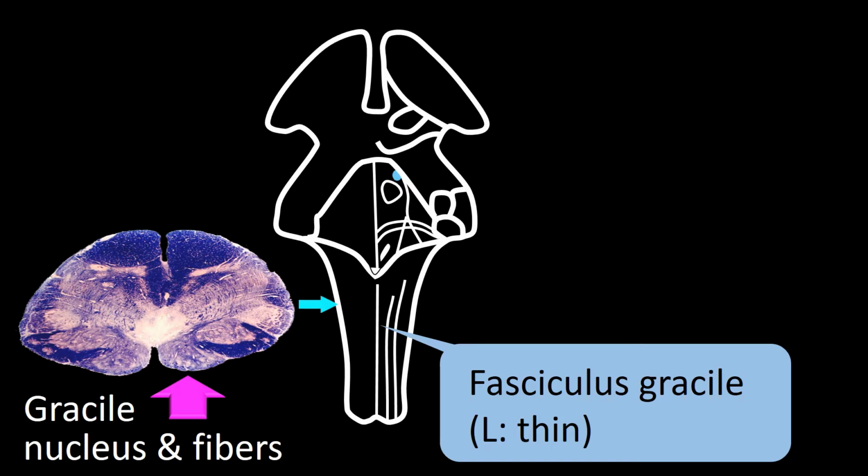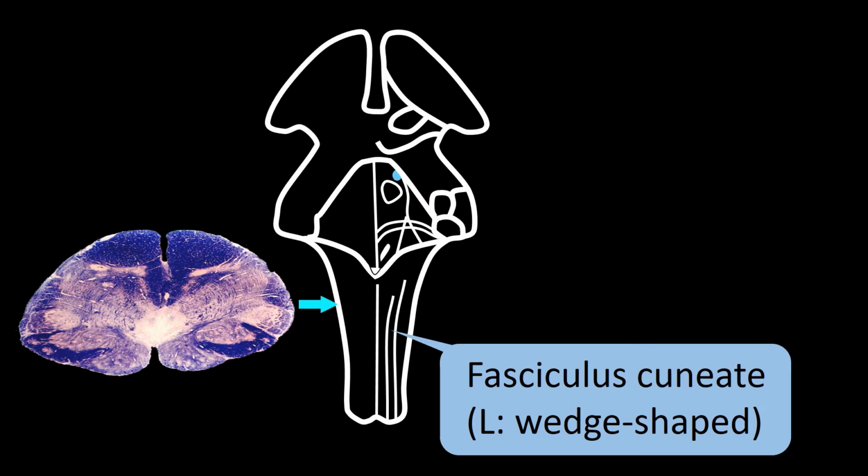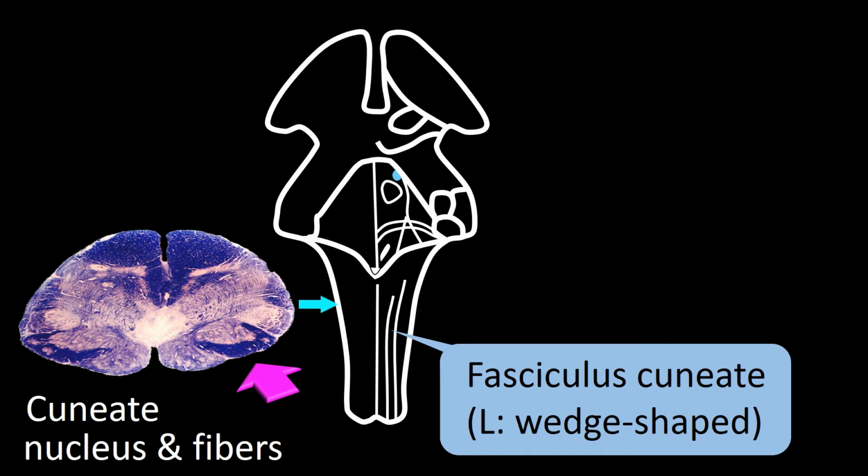Fibers stain in bright blue, whereas the light color blue indicates neurons. To the side, we have the fasciculus cuneatus. As you can see at this level, the fasciculus cuneatus has a significant number of fibers, certainly more fibers than the gracilis.